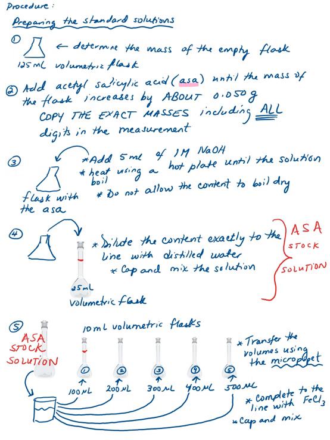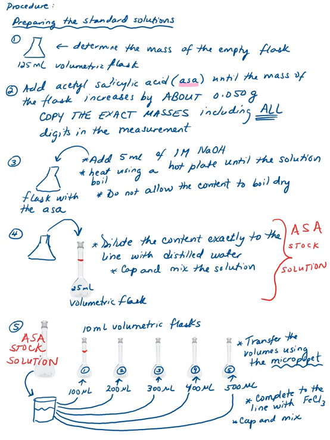So to your stock solution, you're adding now a solution of iron chloride. That's where the iron that is forming the purple complex with your ASA is coming from. So you're not diluting those standards using distilled water like the stock solution. You're diluting the standards using the iron chloride solution. Again, you're going to complete the total volume to the calibration line of your volumetric flask, but now these volumetric flasks have a total volume of 10 milliliters.